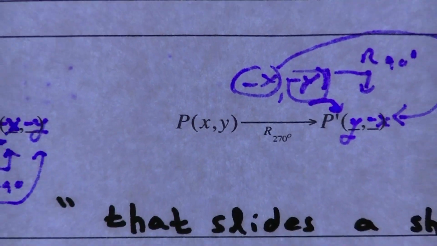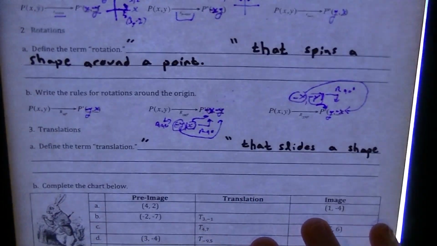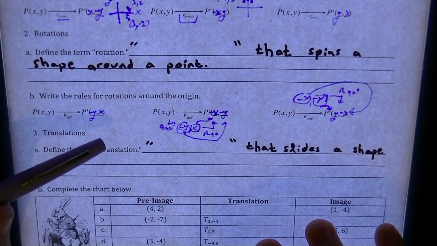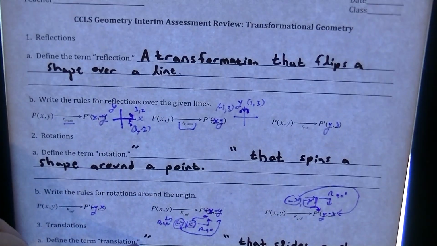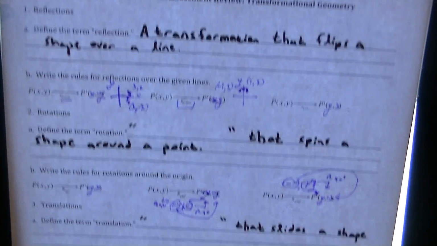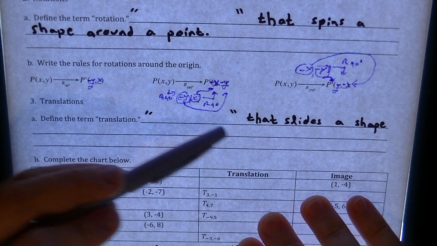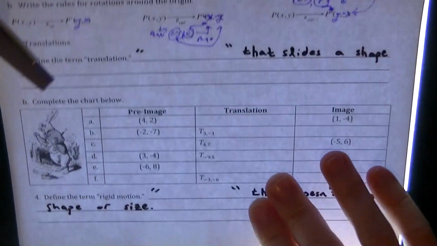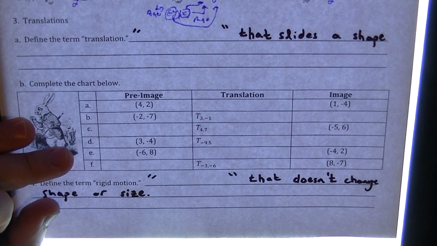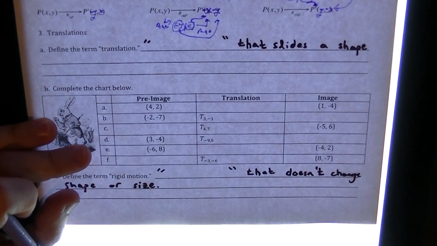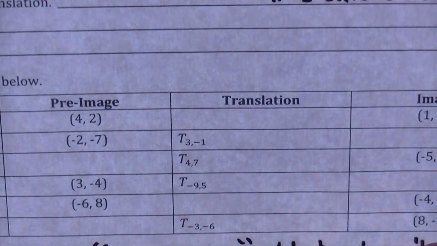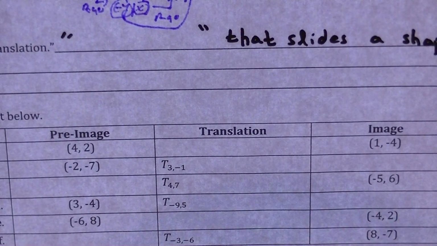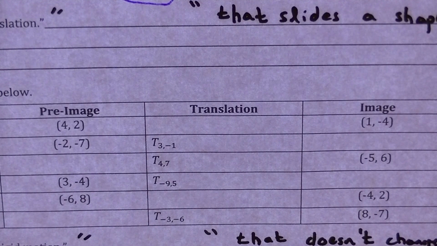Let's zoom back out now. All right, let's keep moving on. A translation is a transformation that slides a shape around. Let's take a look at some sample problems with that. Here I've got my pre-image, the rule I'm going to use for my translation, and then the image I'm going to end up with.